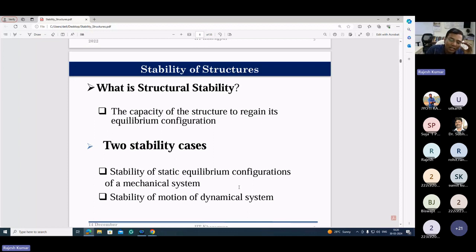When the system is dynamic in nature, like generators, motors, there are many machinery components which are running. And if you give some perturbation to those members, then we'll see how much change there is in the output.